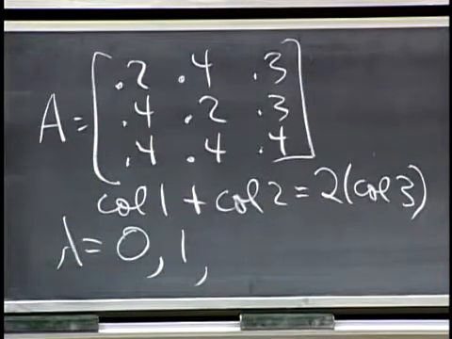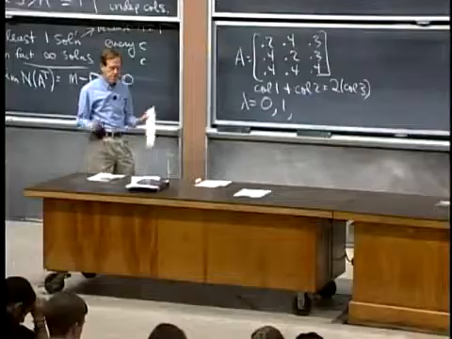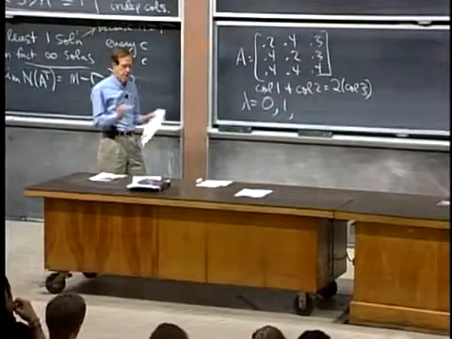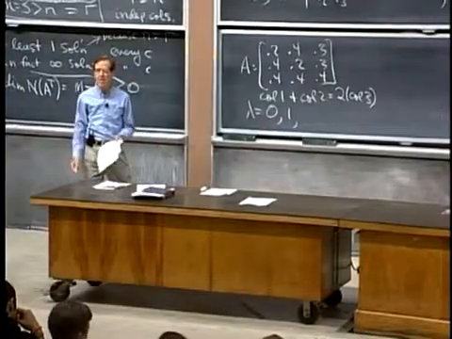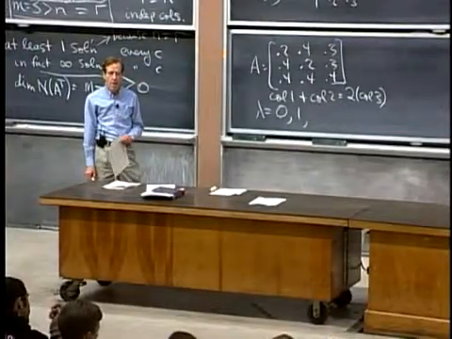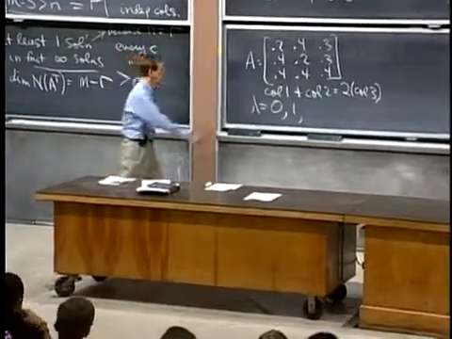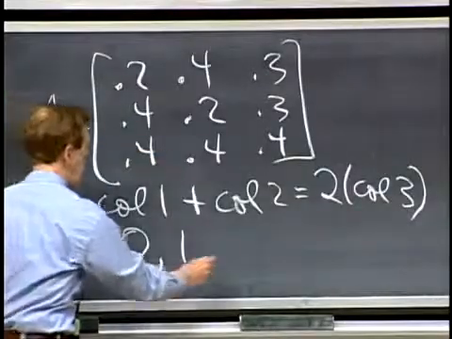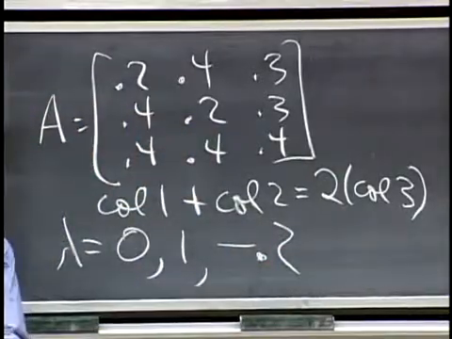The columns add to the all ones vector, and that will be an eigenvector of A transpose. And tell me the third eigenvalue. Let's see, to make the trace come out right, which is 0.8, we need minus 0.2.